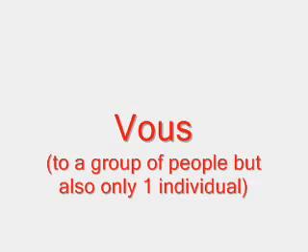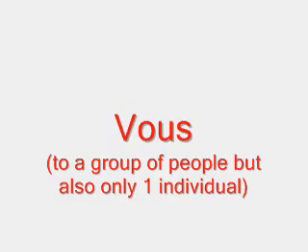In French, vous can be used in 2 situations. Vous can be used in order to refer to a group of people or to an individual, if that individual has, let's say, a higher social status than yours, or you would like to show respect, or you don't know that person simply. Let's say you bump into someone on a busy street, you will refer to that person as vous.